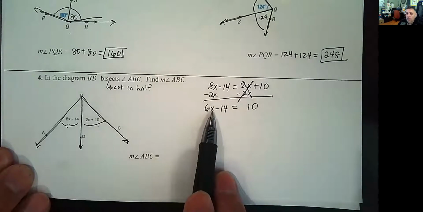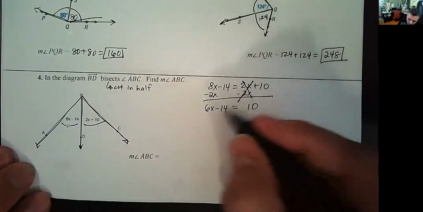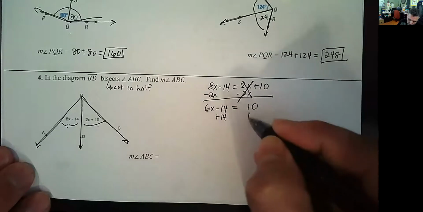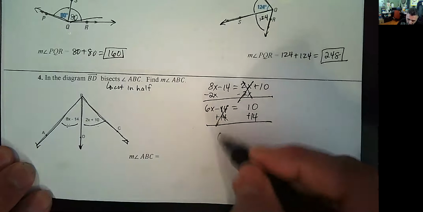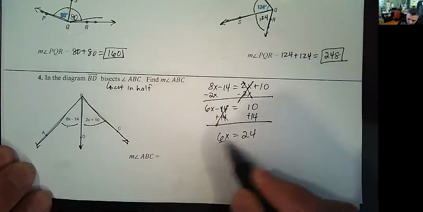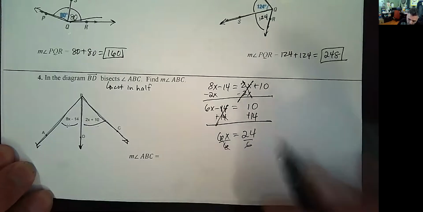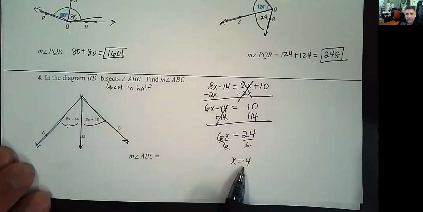Again, you want to use inverse operations to get it by itself. So get rid of that minus 14. We do that by adding 14 to both sides. And then that's 24. 6 times x, opposite is divide. X equals 4. And unfortunately, that's not what we're looking for.